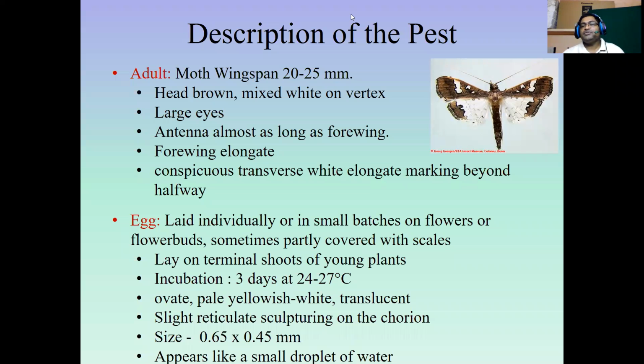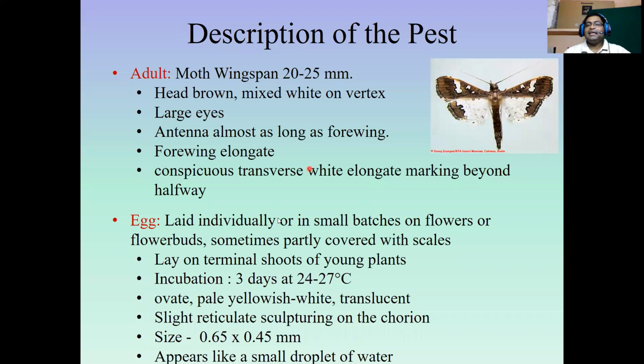A specific identification character of the adult is the inverted, transverse, conspicuous white marking. This type of marking would have been seen in the soybean semilooper too. There we called it a silvery marking, but here it is white.